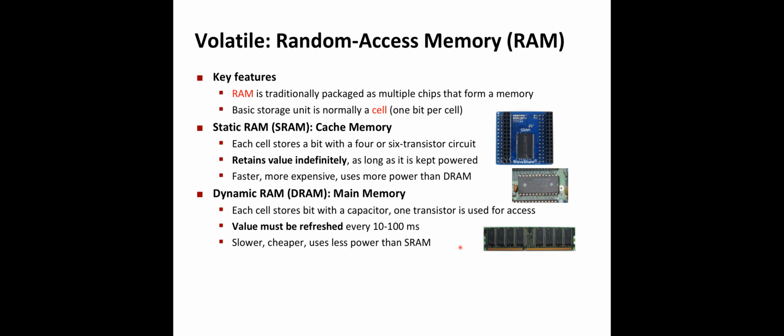Now, the next thing that we want to think about is the non-volatile memories. So those things lower on the memory hierarchy. These are our hard drives or our solid state drives.